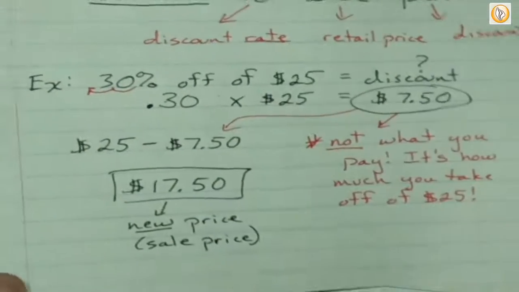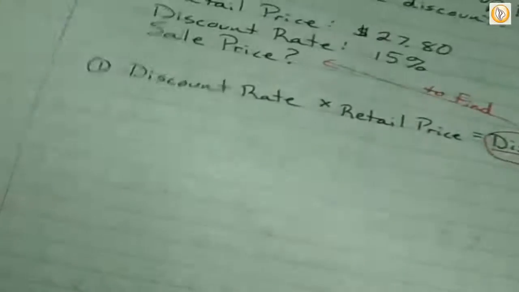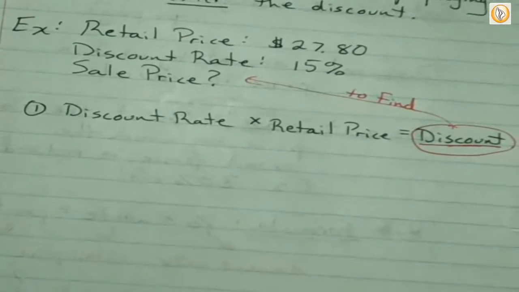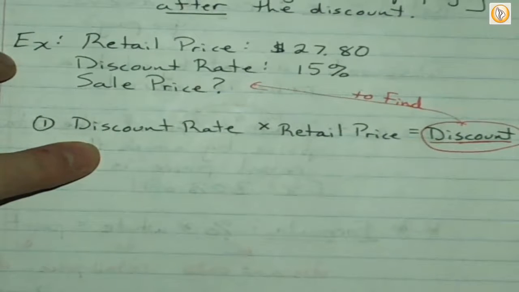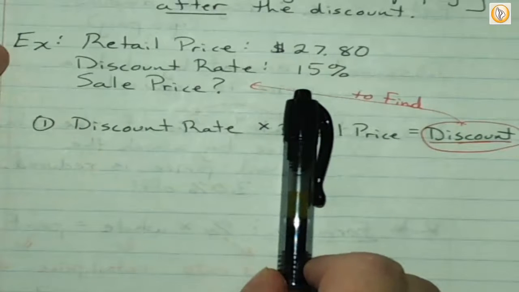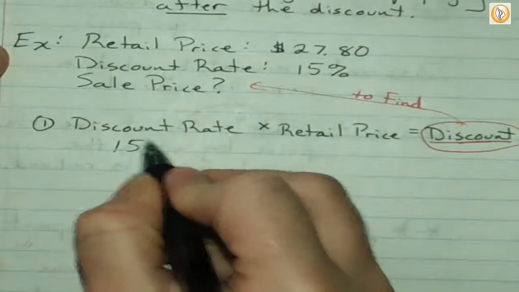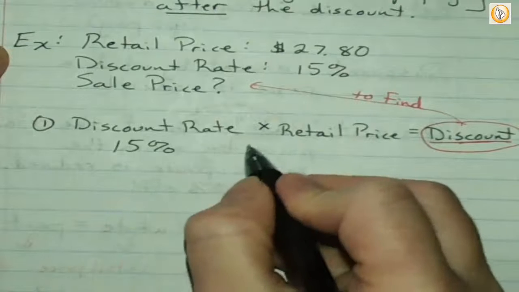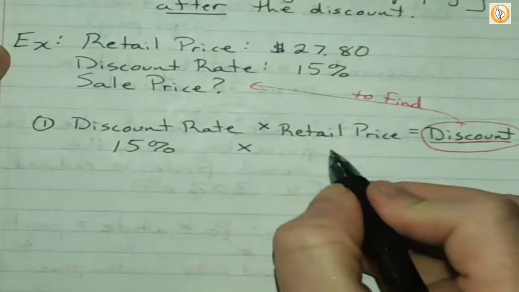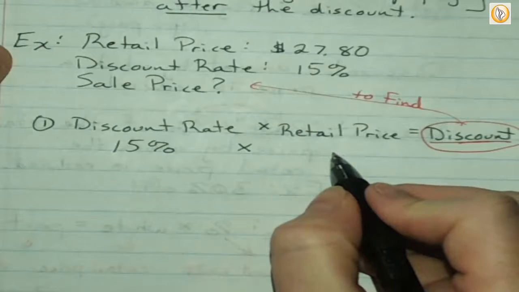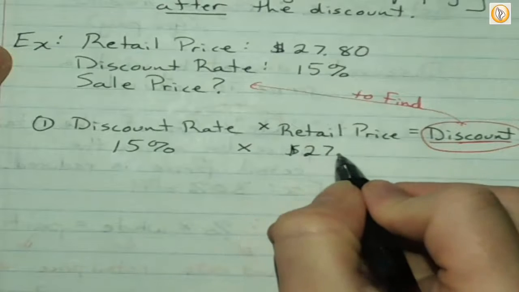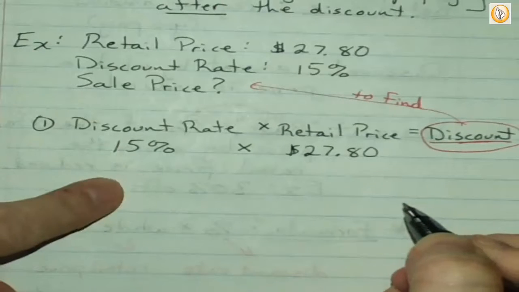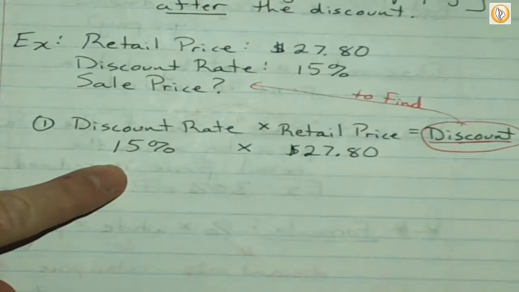Oh, I'm sorry. No, don't apologize. This stuff is crazy. Okay, so what is the discount rate, Kelly? The discount rate is 15%, right? Times, what is the retail price, Kelly? 27.80. Okay, what do we do to the percent, Kelly?